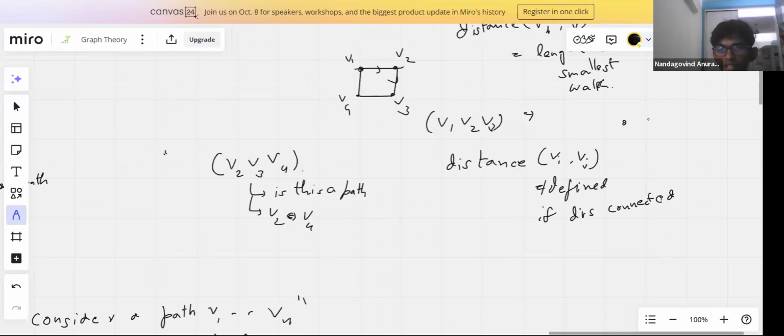Like if we have to find the distance between V1 and V2 and there's no path, we say it's not defined. But if the whole graph is disconnected, but V1 V2 has an edge, then the distance is one. Distance V1 V2 equals one. Does this make sense? Yeah. Good.